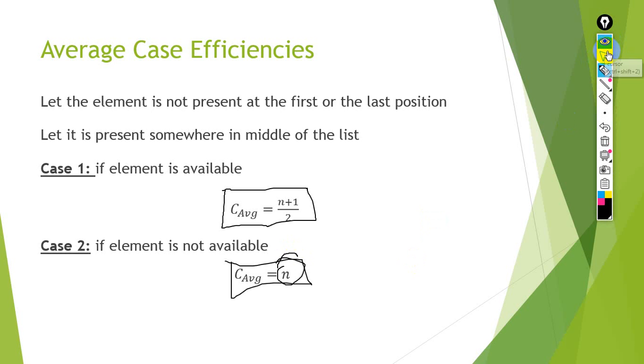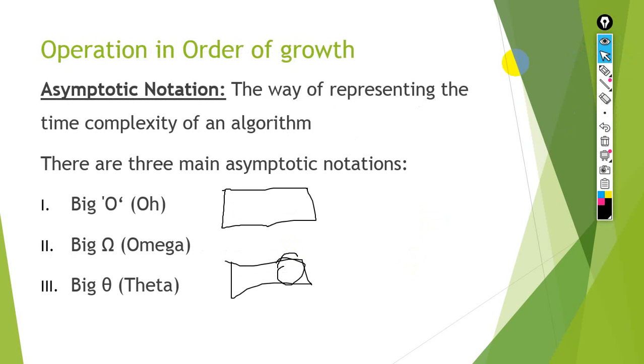So next what we have is operation in order of growth. Now it has asymptotic notations, so we will use asymptotic notation to represent the operation in order of growth.